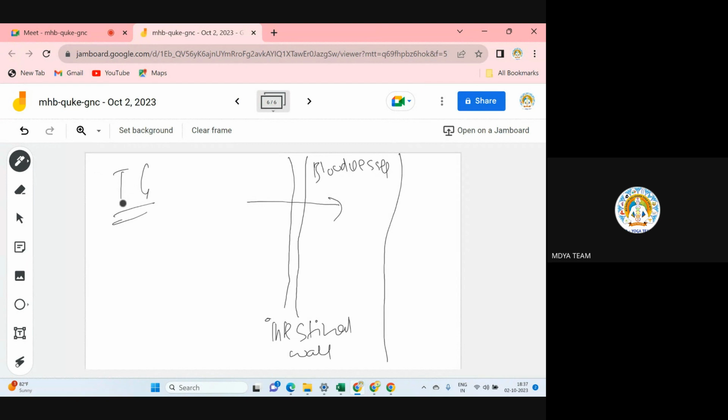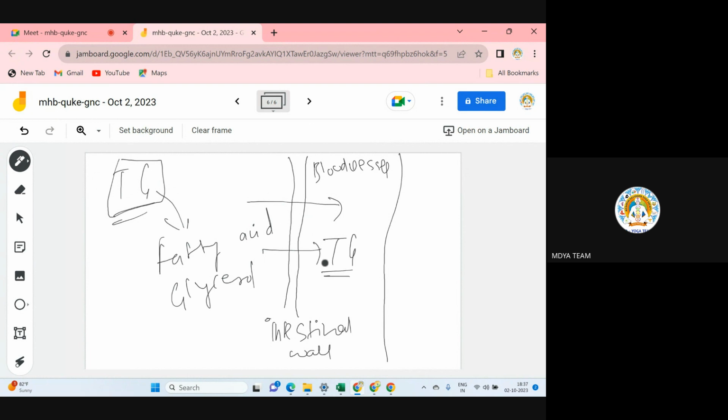A triglyceride molecule is too big to go through this wall. So this triglyceride is broken down into fatty acid and glycerol, and all these fatty acids and glycerol are then transported to the blood, and again they unite to form triglyceride.